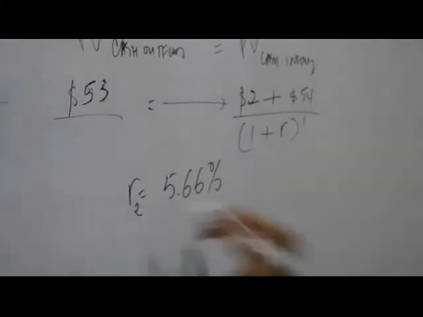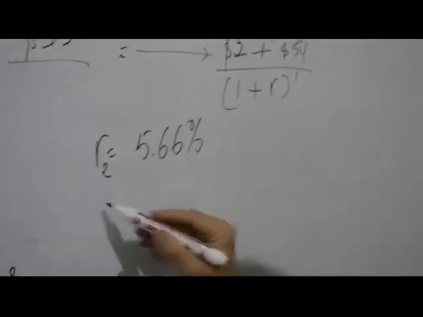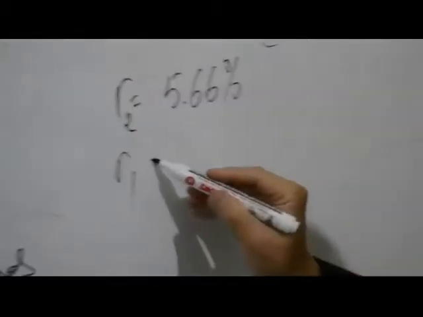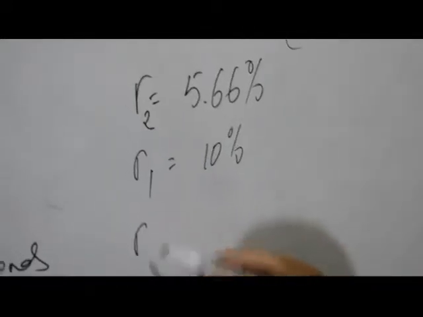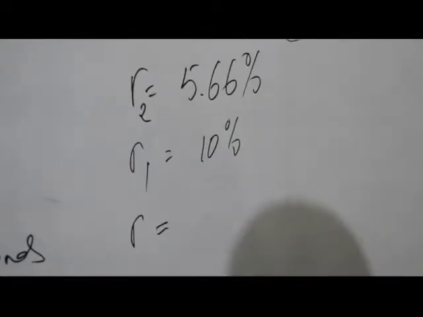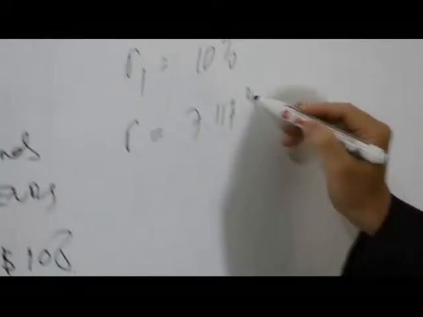So the rate of return in the second period is 5.66%. The rate of return in the first period is 10%. And if you average that, you got 7.117%.